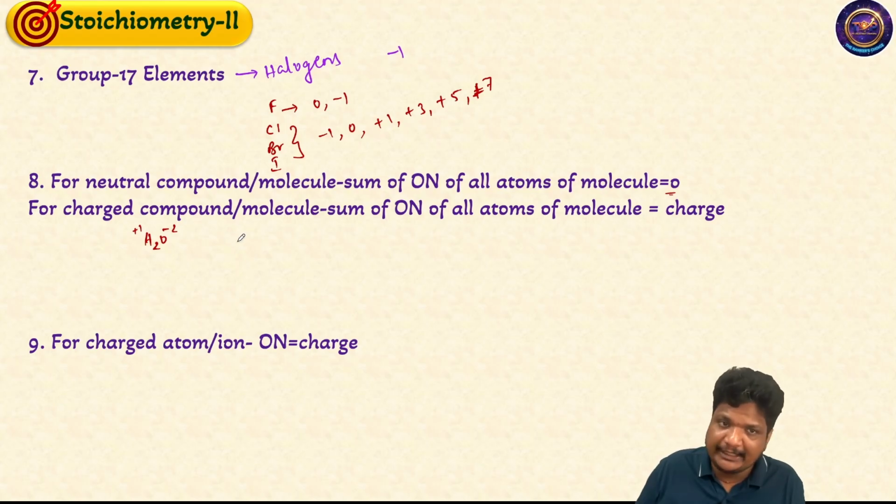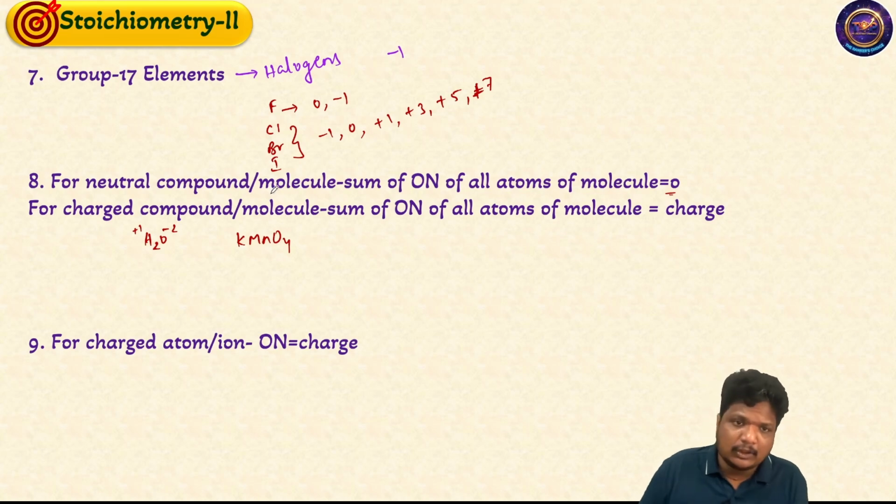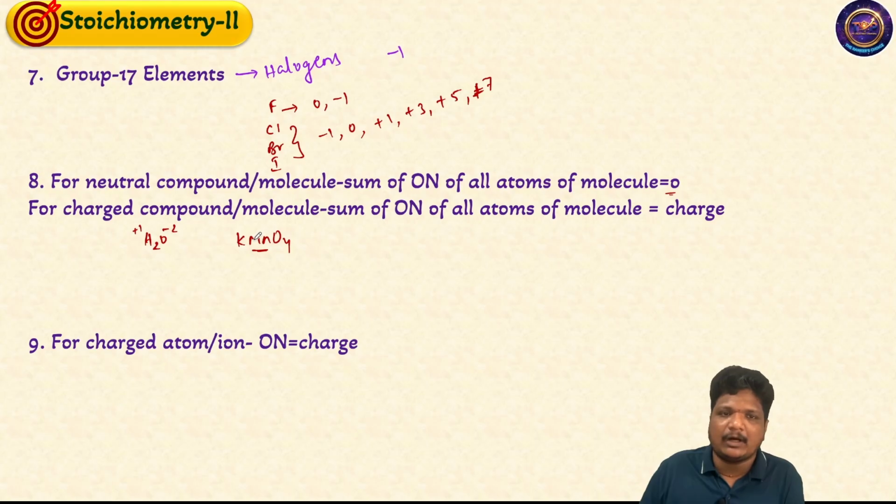If I take KMnO4, I want to calculate the oxidation state of manganese. Here the sum of the oxidation states of all the atoms of a molecule will be equal to 0, since it is a neutral molecule. Potassium, a group 1A element, shows the +1 oxidation state.